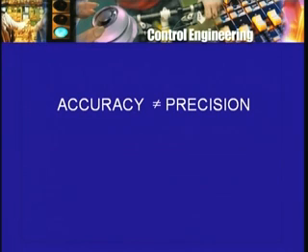On the other hand, the force in newtons will also have precision associated with it. I should not have used the word accuracy, one should use the word precision in this case.